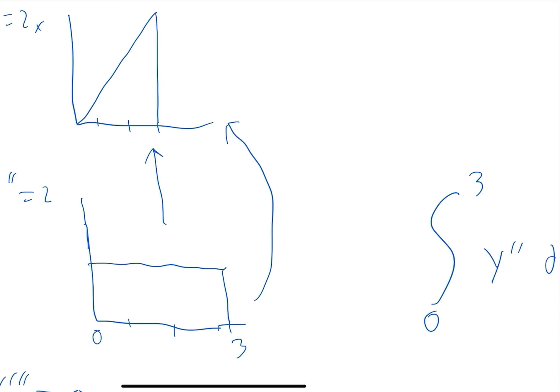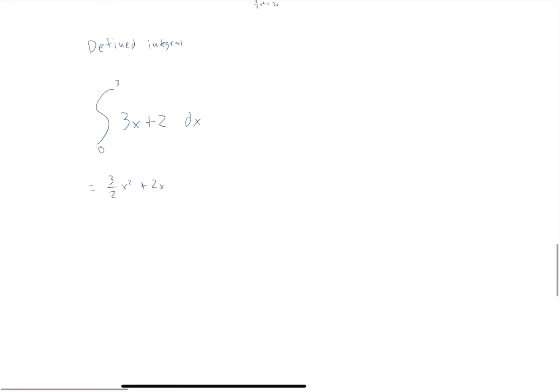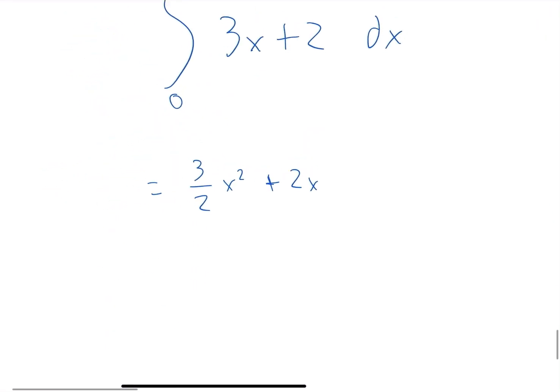We now have some function, some graph, that we're going to take the area under the curve of to get our numerical answer. You normally write it in brackets like this, from 0 to 3. The way you do this is you plug in the upper limit for all of the x values, and then you subtract the lower limit plugged into all the values.